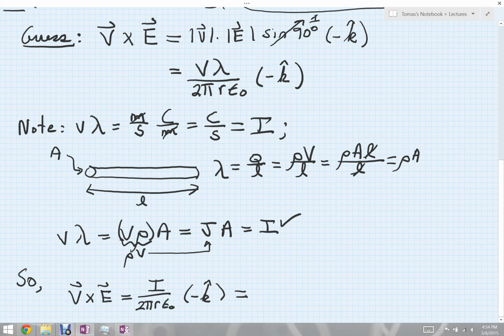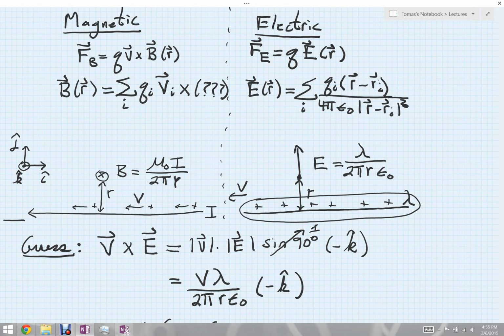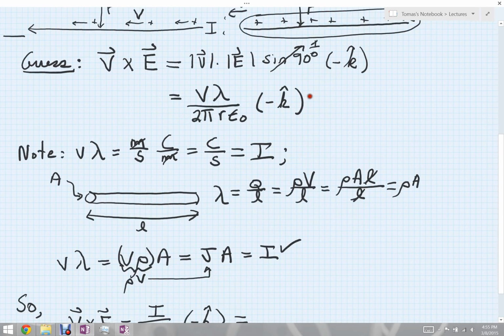So for this particular situation, when I do v cross E, I get something that is almost exactly equal to the magnetic field. The only difference is that the magnetic field result has a mu naught on top.